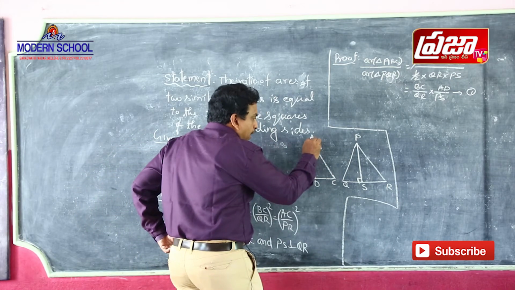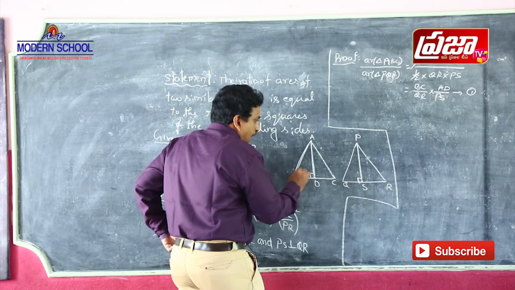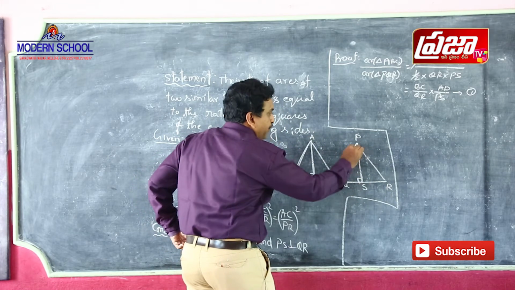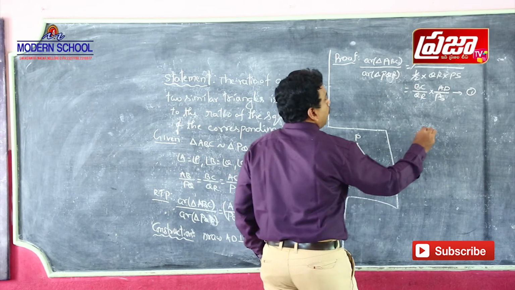Now look at the two triangles ADB and triangle PSQ. Take them separately in small figures.